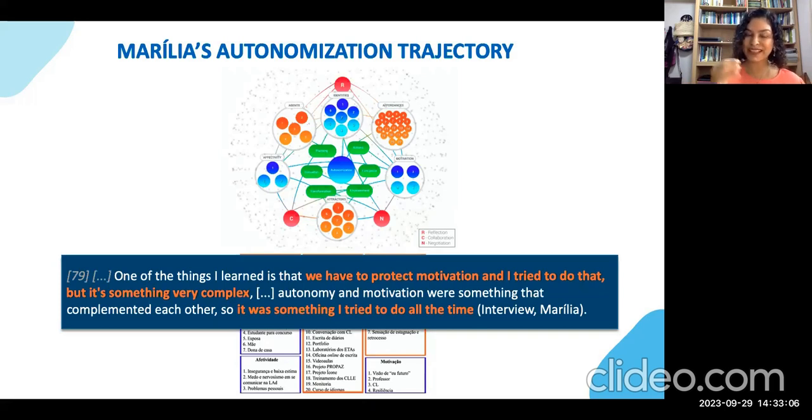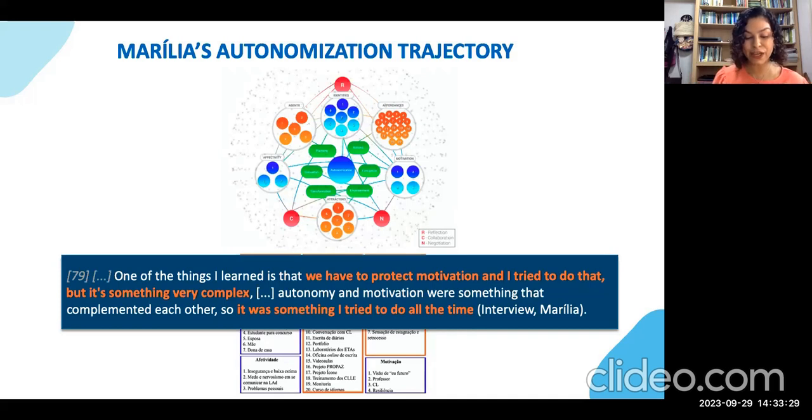It's interesting that for the final research paper, students have to write and defend in English as a mandatory requirement to graduate. Marilia chose to study the fluctuation of her own motivation along the course, and she used her learning diaries to investigate her motivation.